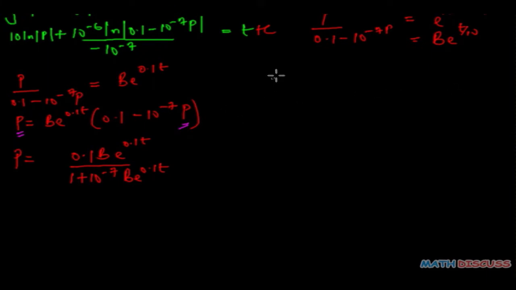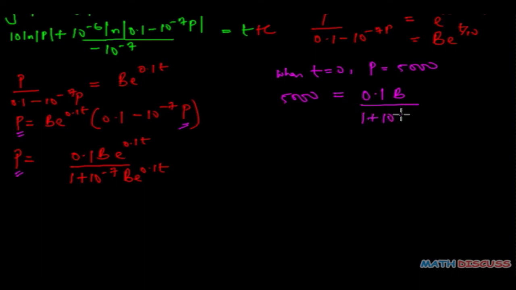When t equals 0, the population is 5,000. So 5,000 equals 0.1 b, since wherever we see t we have 0, and 0 times 0.1 is 0, and e to the power 0 is 1, so we do not need to write that again, divided by 1 plus 10 to the power negative 7 b, with e to the power 0 also 1.